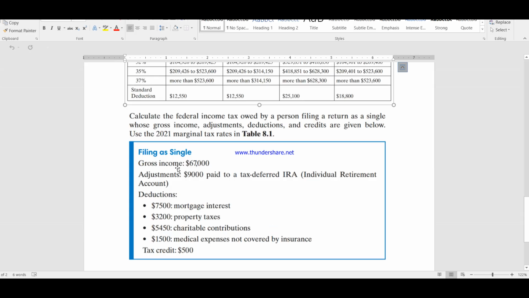Gross income is 67,000 minus 9,000, which is 58,000. Okay, so that's the adjusted income. Then we gotta calculate the tax.